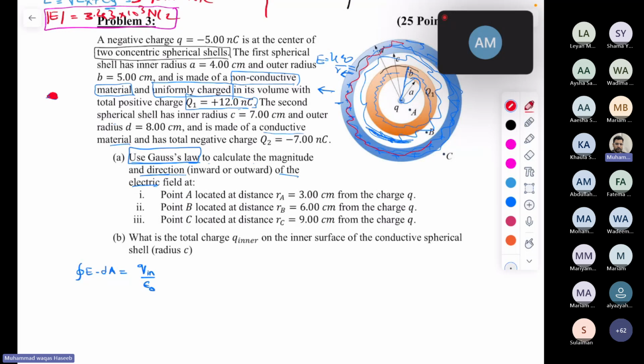Conductive means it can conduct electricity, and non-conductive means it cannot, like an insulator such as plastic or rubber.